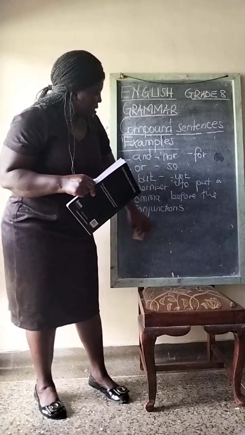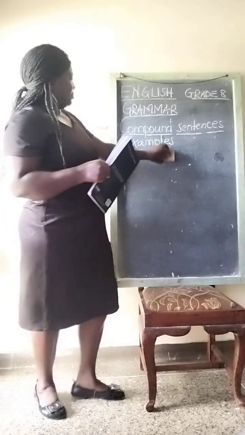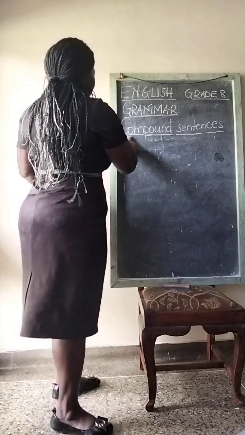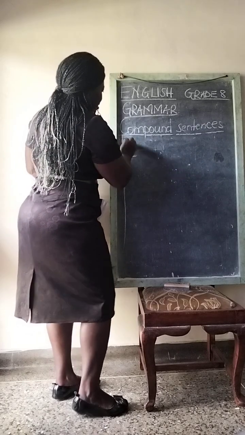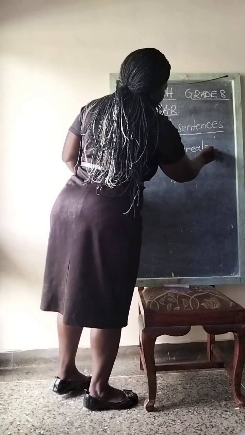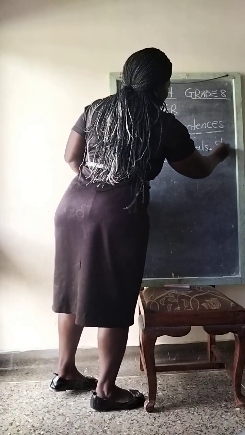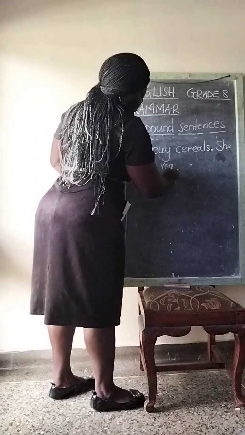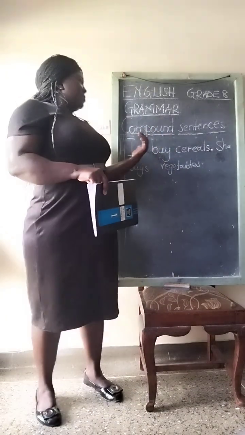Let us give an example of a sentence. Then we join with these conjunctions we have listed up here. The first sentence, I buy cereals.